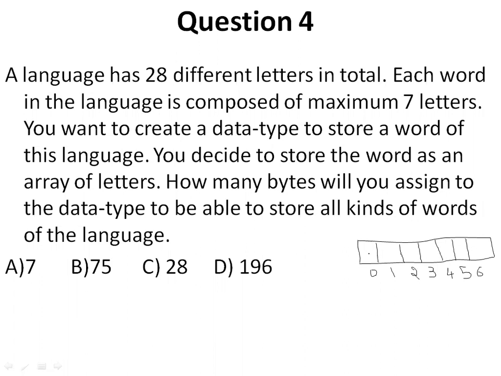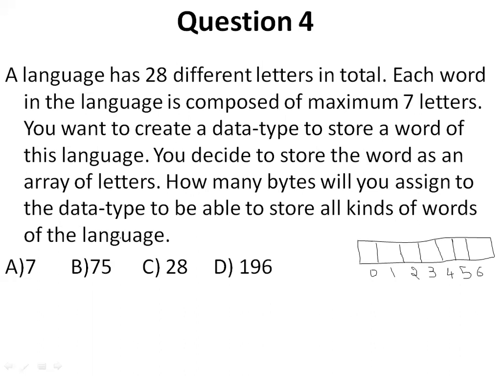So you can allocate 7 bytes. Yes or no? For storing one letter, one character, 1 byte is necessary. Each of your words is 7 letters, so 7 bytes of memory can be allocated. He has not given any specific language, so this is irrespective of any language.